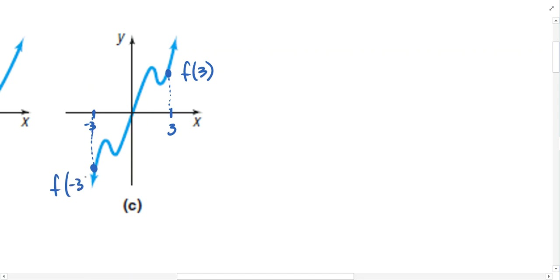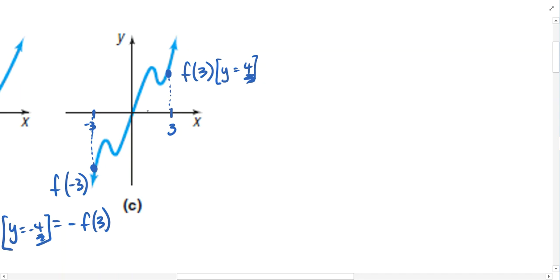So f of -3 down here happens to be the opposite of the function when evaluated at 3. So let's say this y value was 4 when x was equal to 3. Then over here, this y value would have to be -4. It's the opposite of the other.